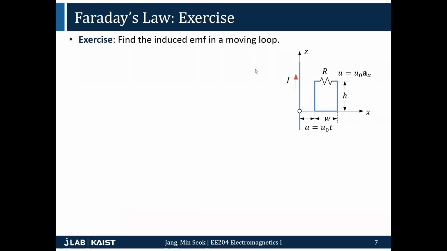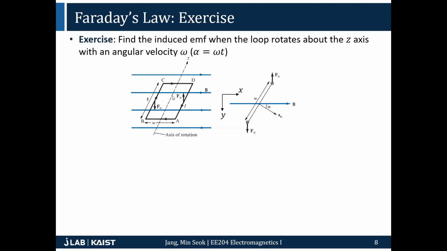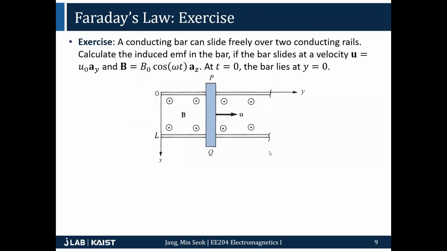So we first talked about a moving loop with respect to a current carrying infinite line current, and we also dealt with a rotating circuit within a constant B field, and we also talked about the case where you have a time-varying B field and also a moving circuit.